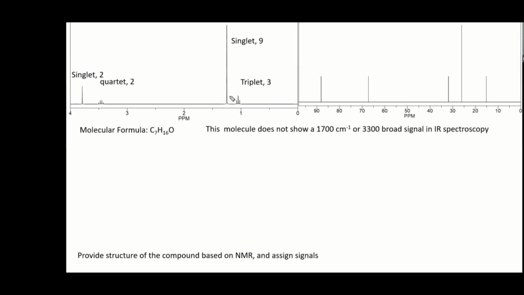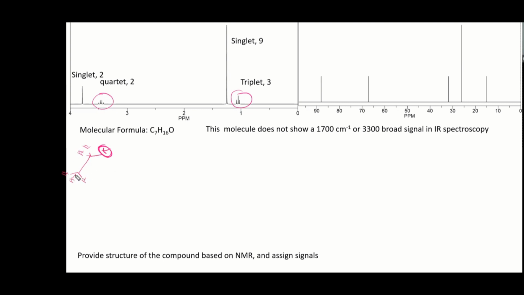Now the next thing is you have a triplet, and here you have a quartet. A triplet and a quartet is a classic ethyl group. So when you have a triplet and quartet, you can be fairly certain you have an ethyl group, because if we have a CH2 and a CH3 and nothing else here, this is not going to split these 2 hydrogens anymore, so the ethyl group is going to have a triplet-quartet pattern.